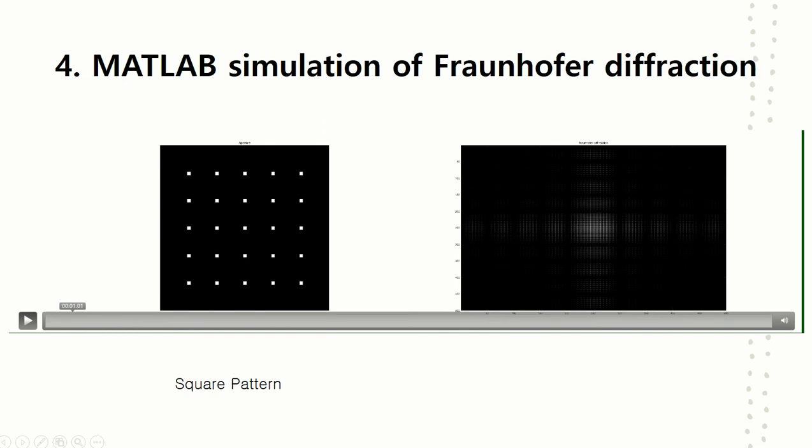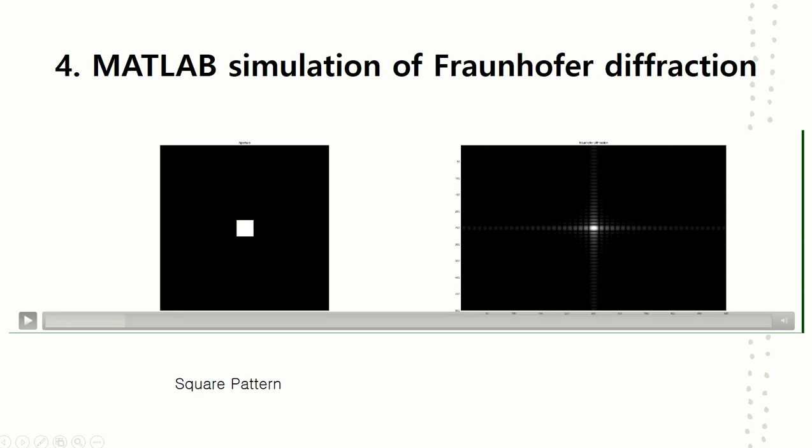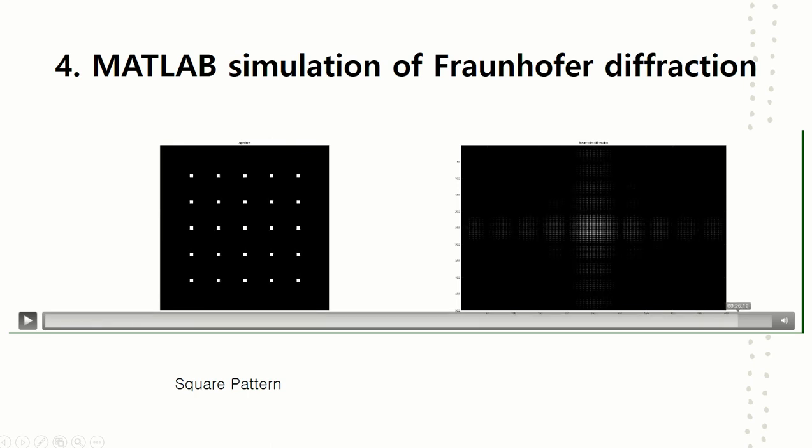At 3 seconds, we can see the diffraction pattern of one scale aperture. And the diffraction pattern of the last part of the movie looks like the one scale aperture diffraction pattern.